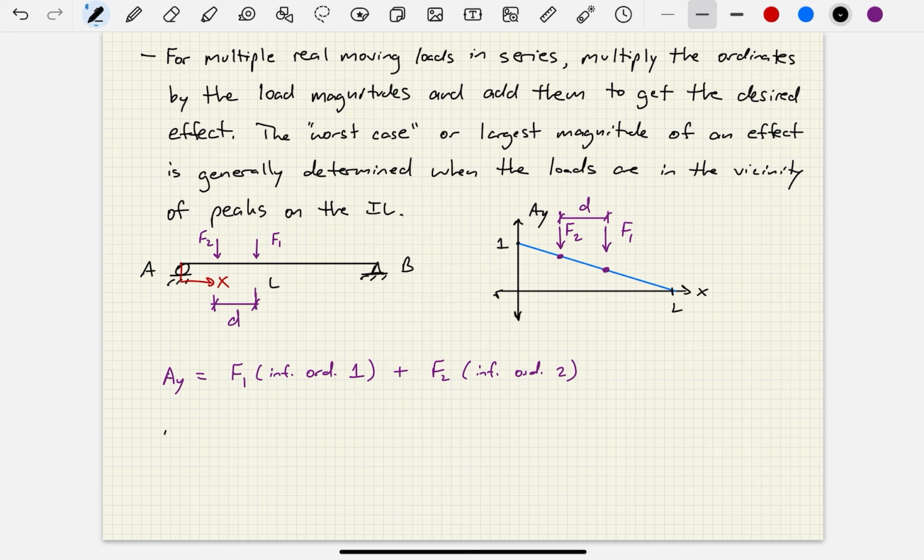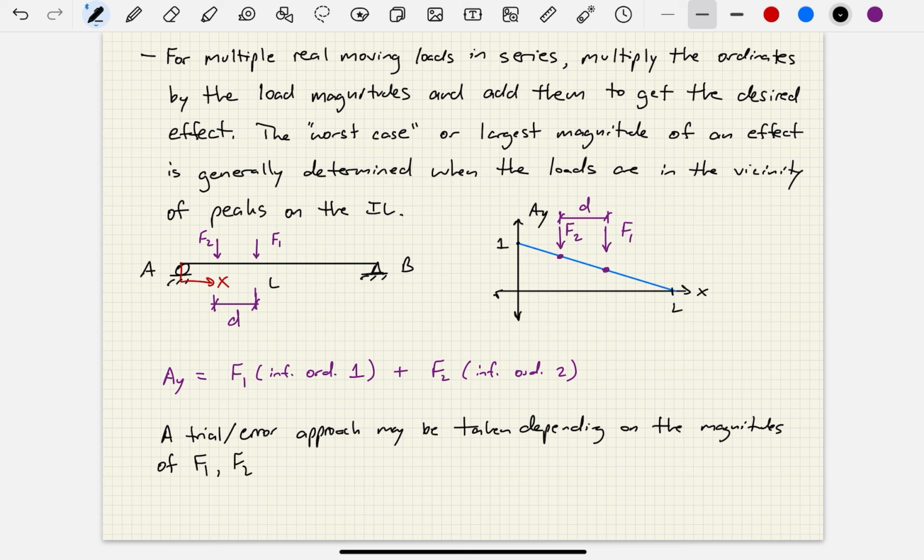We're going to say a trial/error approach may be taken depending on the magnitudes of F1, F2, and D, and the shape of the influence line, the IL, okay?